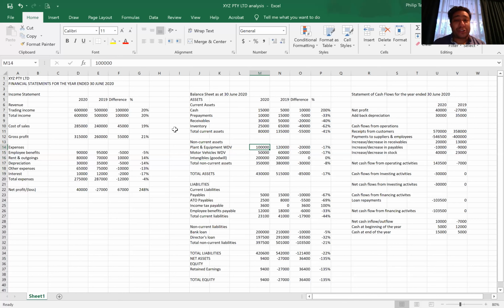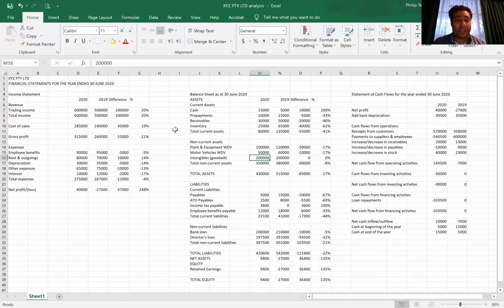So notice how these have reduced in 2020 from 2019 because of the depreciation amount that's been included in the income statement. And again, plant and equipment reduced by 17% and motor vehicles reduced by 17%.